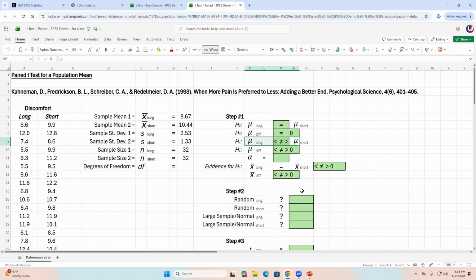All right, alternative hypothesis. For the alternative hypothesis here, Kahneman had some theories about why people would prefer the long trial to the short trial. Kahneman is one of the founding fathers of decision-making psychology.